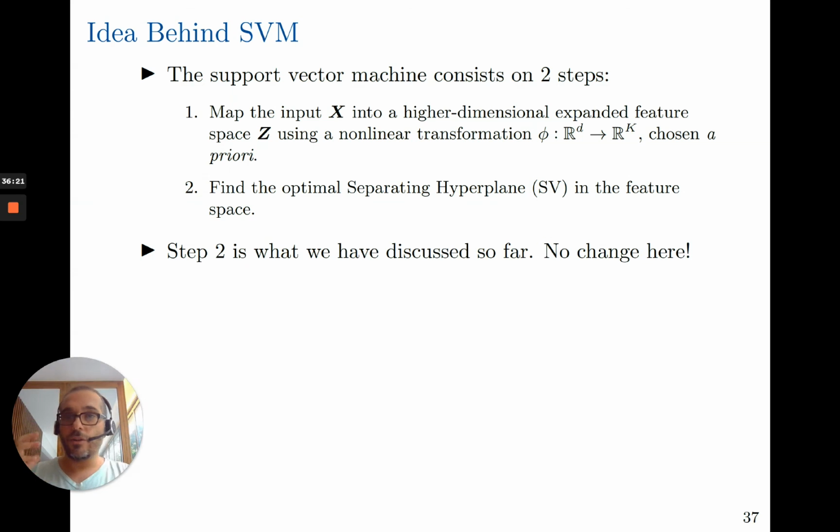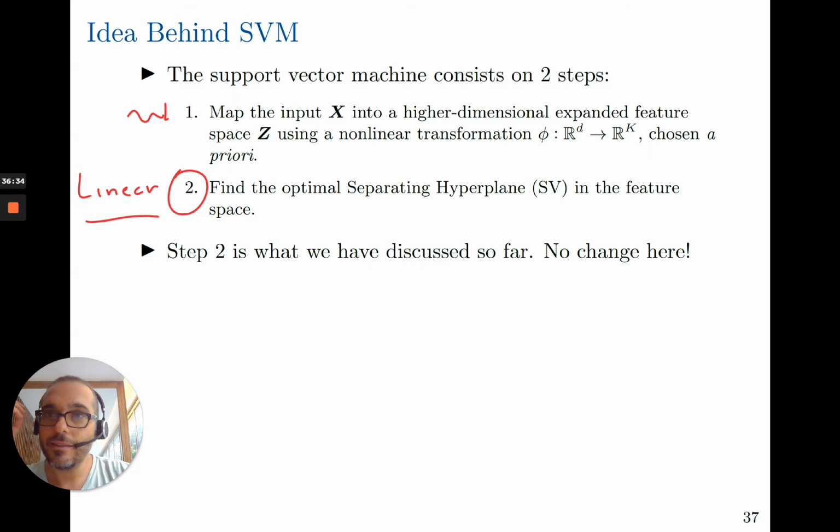So step 2 is exactly what we have discussed so far. It's linear separation. Okay, so the trick is how to move from a low dimension space into a higher dimension one.